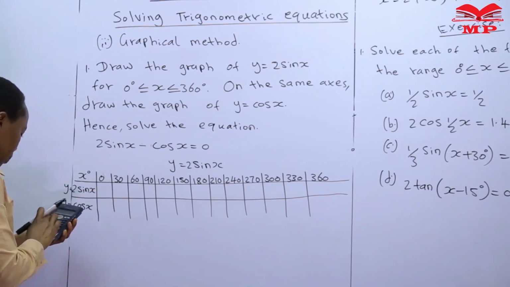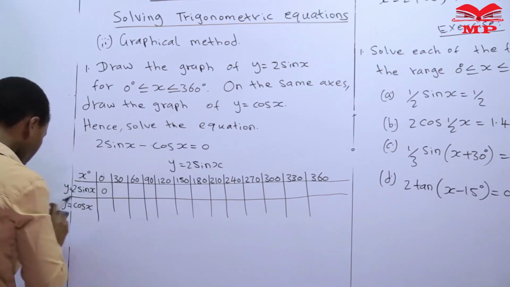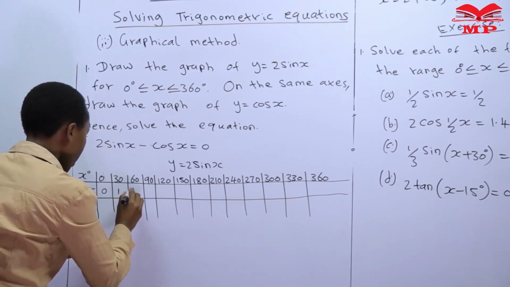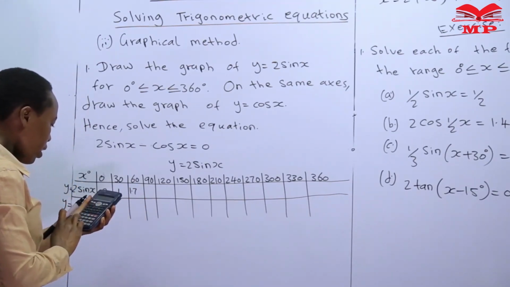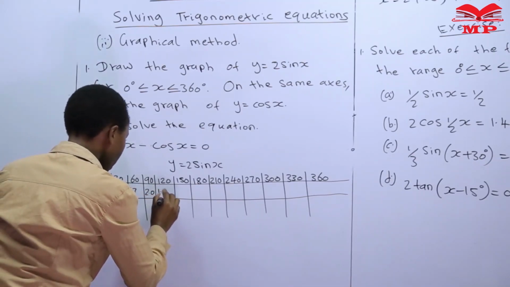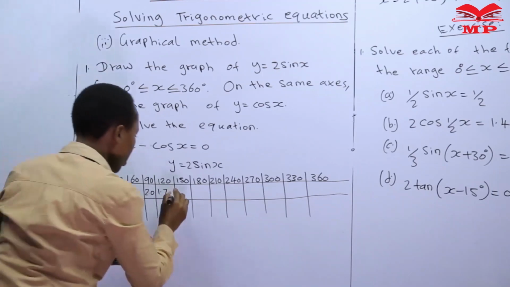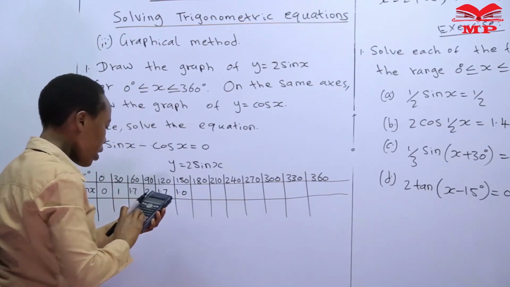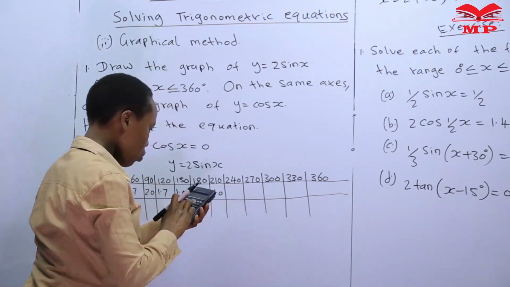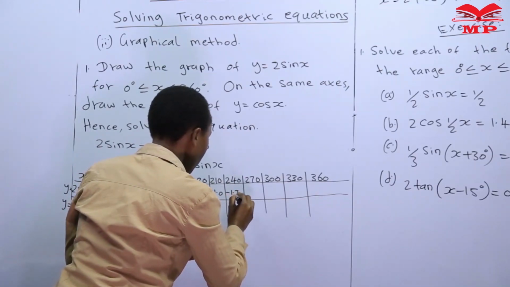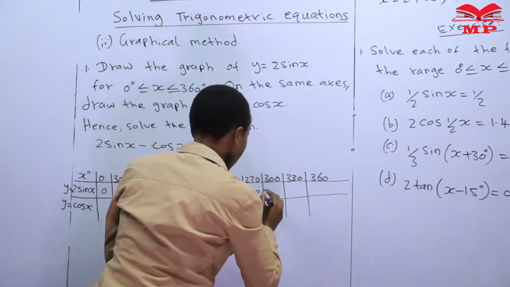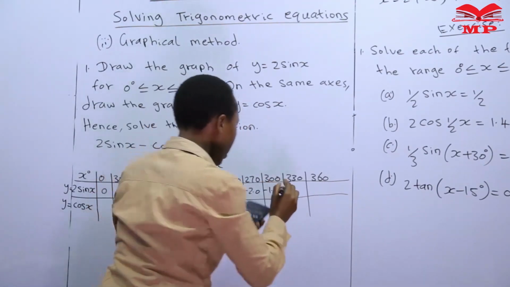We fill that so that we can plot the graphs. We have 2 sin 0, which is 0. 2 sin 30 is 1. 2 sin 60 is 1.7. 2 sin 90 is 2. 2 sin 120 is 1.7. 2 sin 150 is 1. 2 sin 180 is 0. 2 sin 210 is -1. 2 sin 240 is -1.7. 2 sin 270 is -2. 2 sin 300 is -1.7. 2 sin 330 is -1.